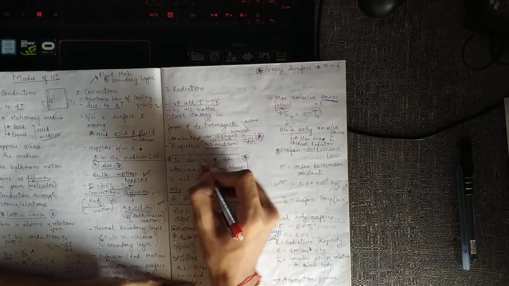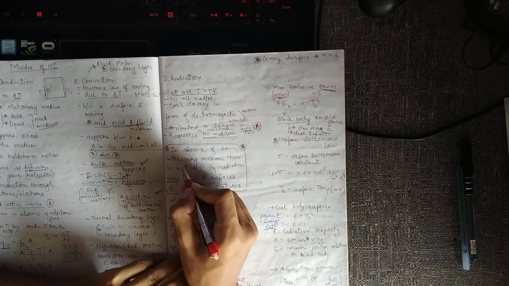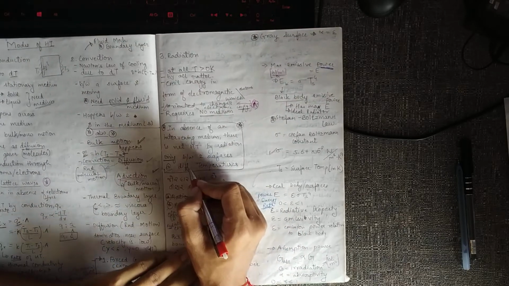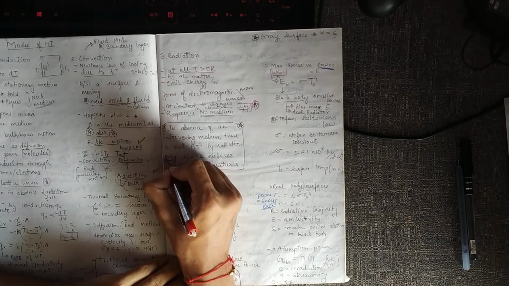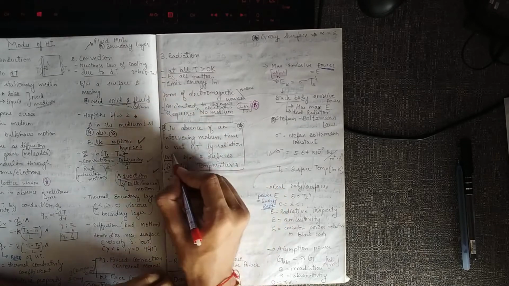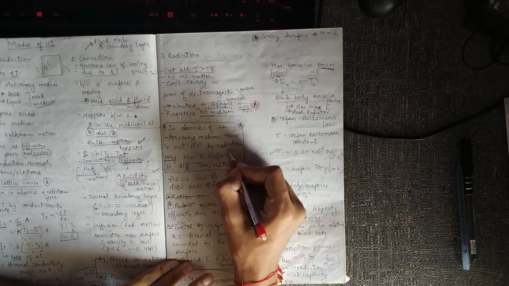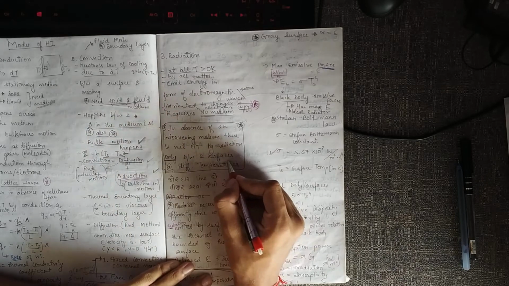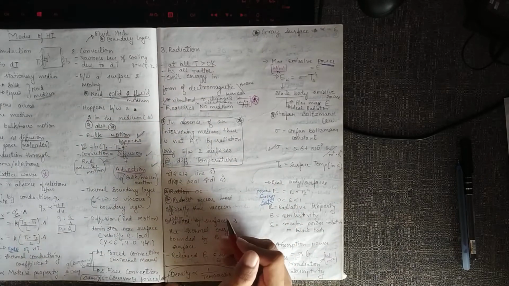This is a very important point, and this requires no medium, because those are electromagnetic waves. And this is a very important thought to put in, that in the absence of an intervening medium, there is net heat transfer by radiation only between two surfaces which are at different temperatures.